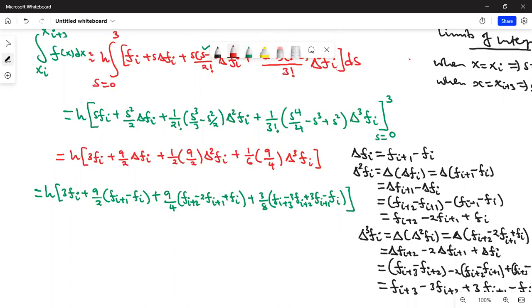So that will be equal to, of course, now it is 3h over 8. What do we have inside the bracket? So that will be 8fi. Remember, I've factored out 3 over 8.